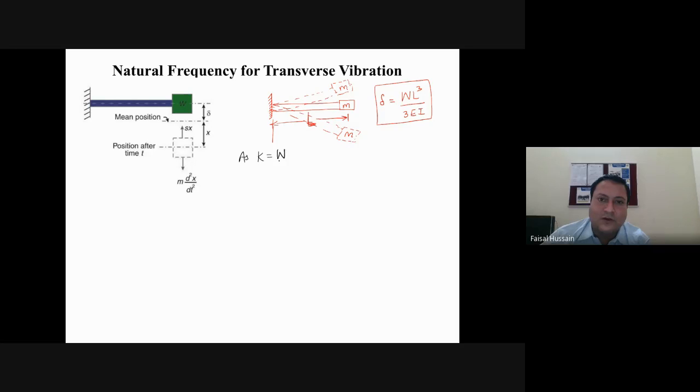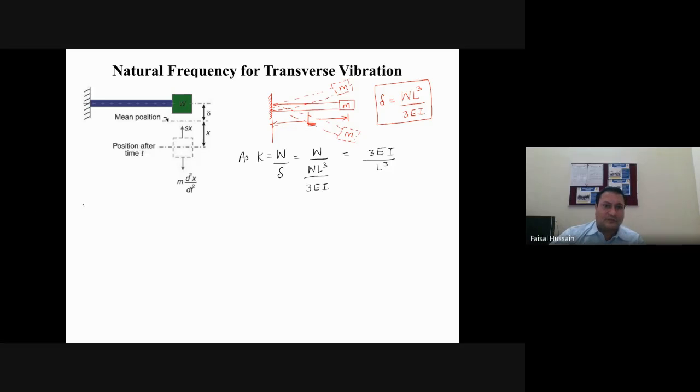Stiffness is load per unit deflection. So W upon deflection, that is W upon W L cube upon 3 EI, gives 3 EI upon L cube. This is the expression: k equal to 3 EI upon L cube, an important expression.